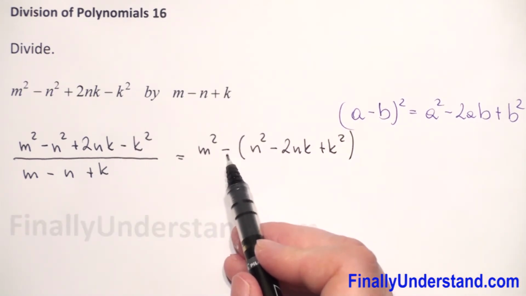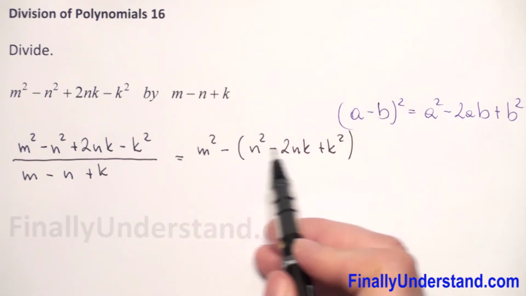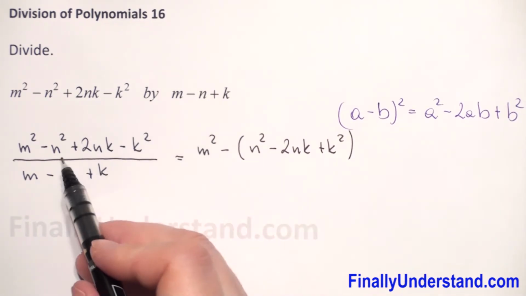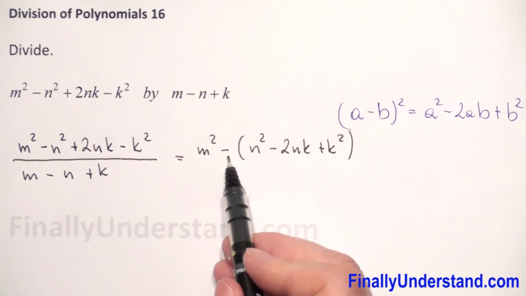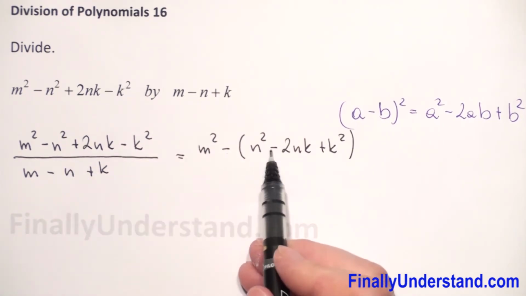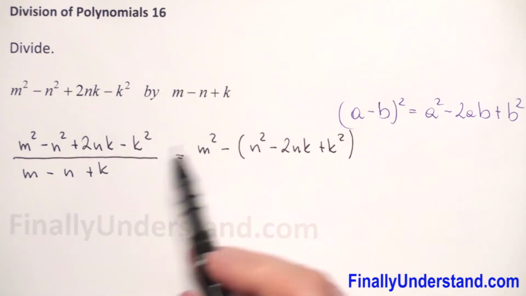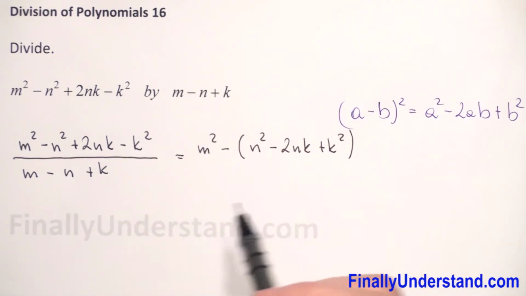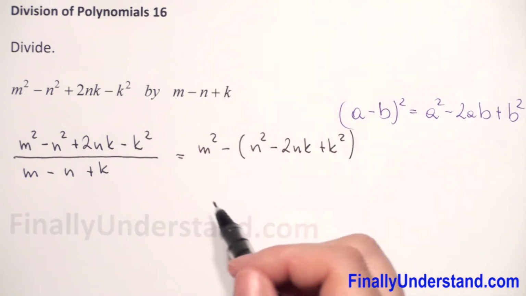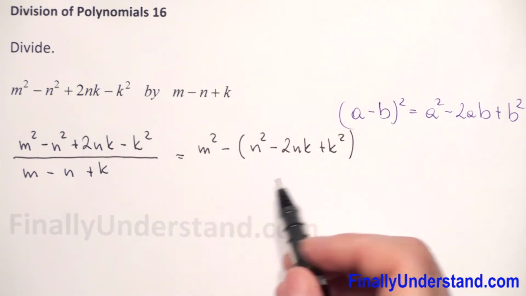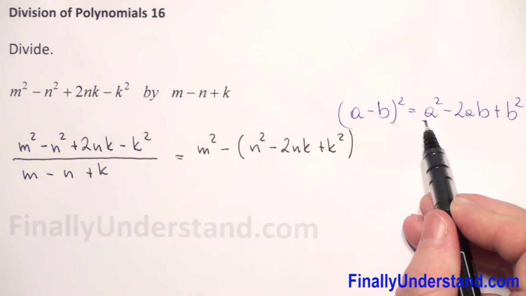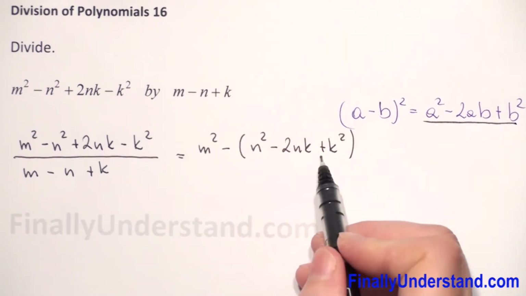The negative sign I have before the parentheses, so when I multiply every term in the parentheses by the negative sign, I will get the same as I had at the beginning, because negative and positive give me negative, negative and negative give me positive, negative and positive give me negative. So I still have the same in the numerator. I didn't change anything. I only factored out the negative sign because now I see that I have this form in parentheses.